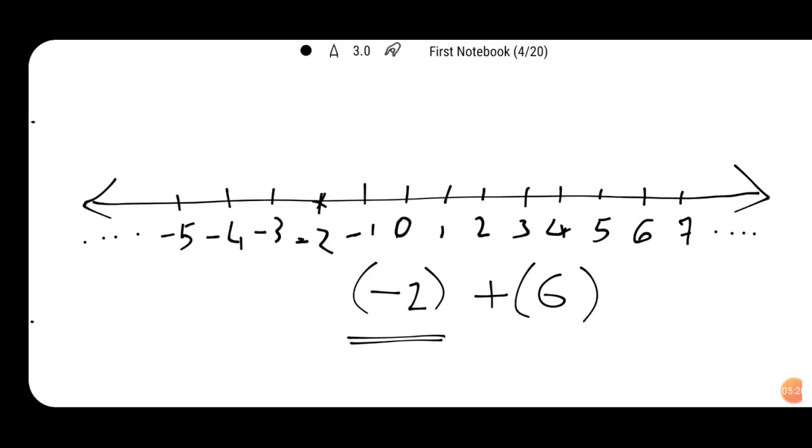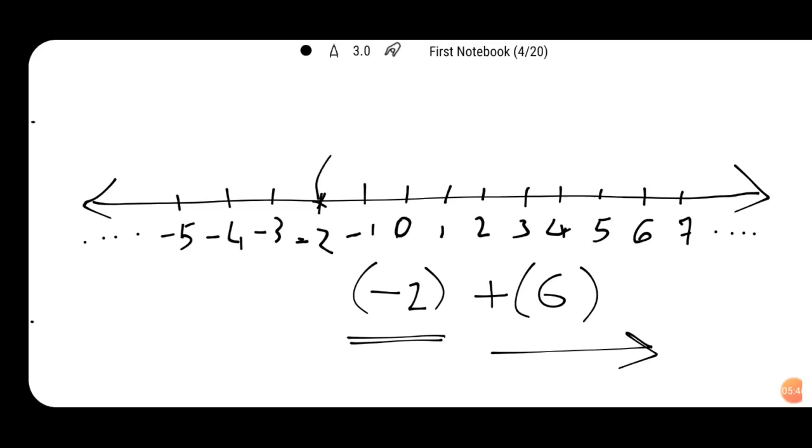As I told you before, if we are adding positive numbers, we will move towards right of that number. So from negative 2, how many times do we want to jump? 6 times. Towards left or right? Yes, right, because 6 is a positive number. So let's see where we will reach.